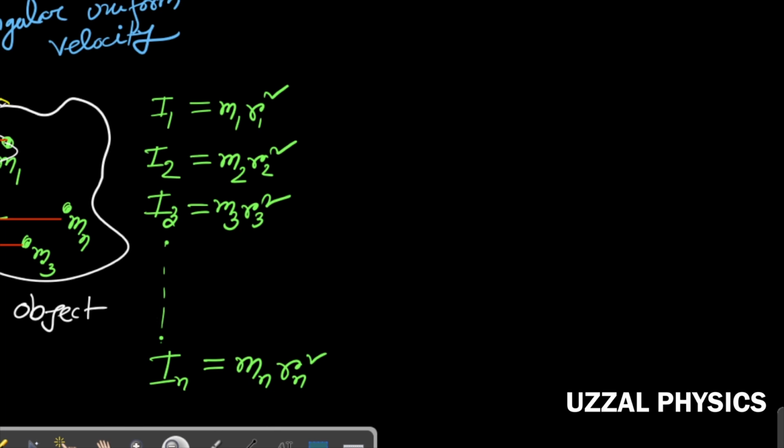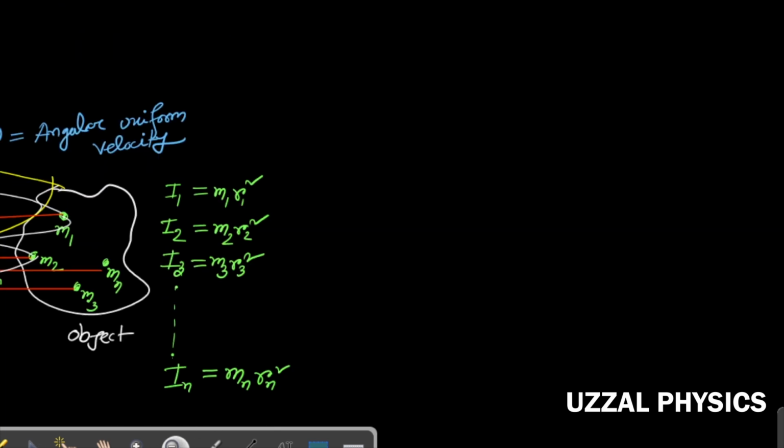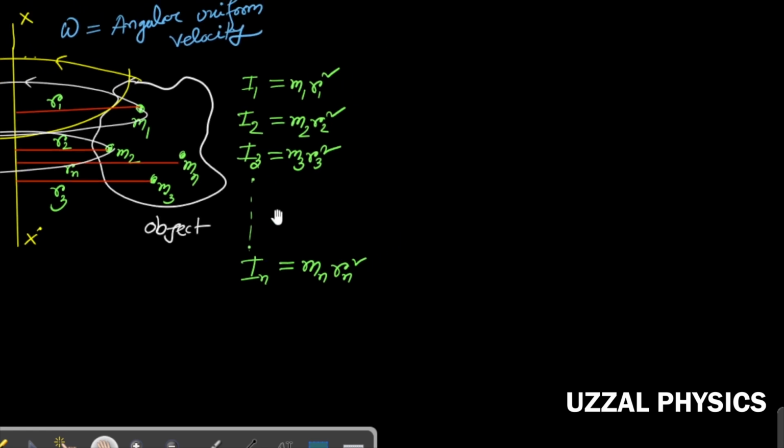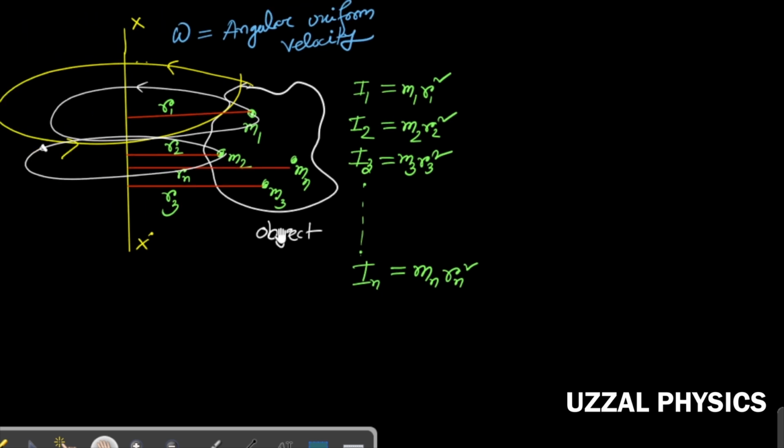Now our duty is to sum the moments of inertia of all the particles, and then we get the total moment of inertia. My dear student, if we sum the moments of inertia of all the particles, then we get the moment of inertia of an object.